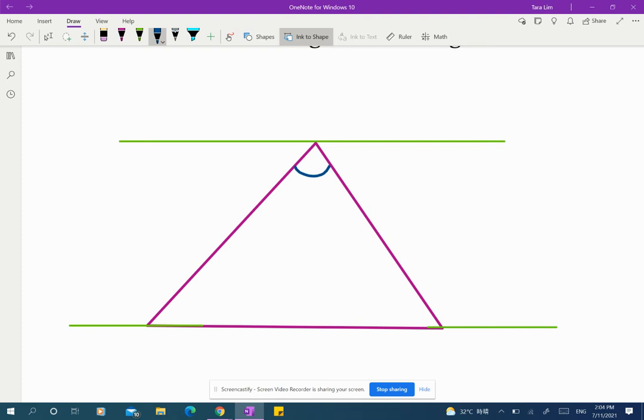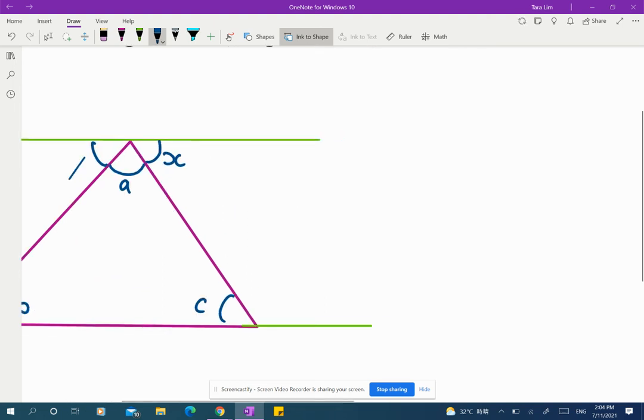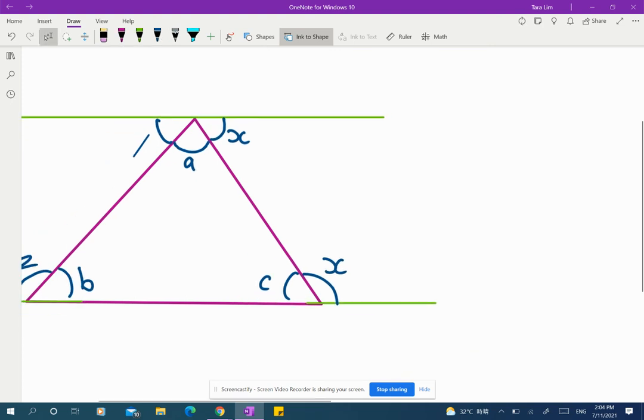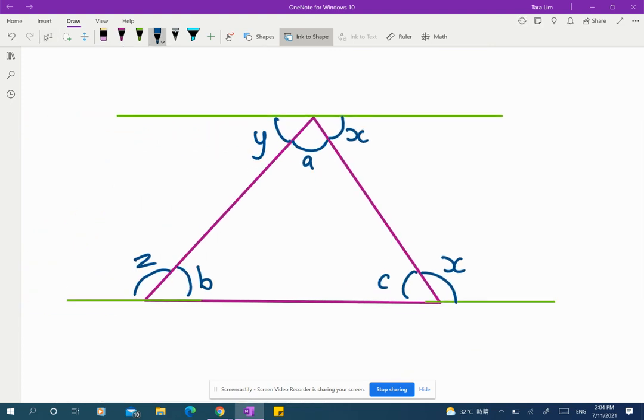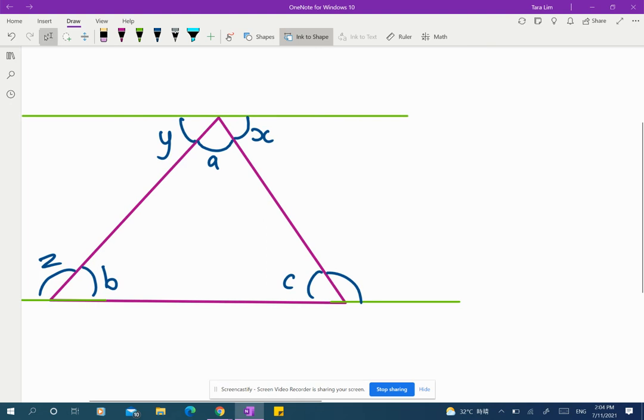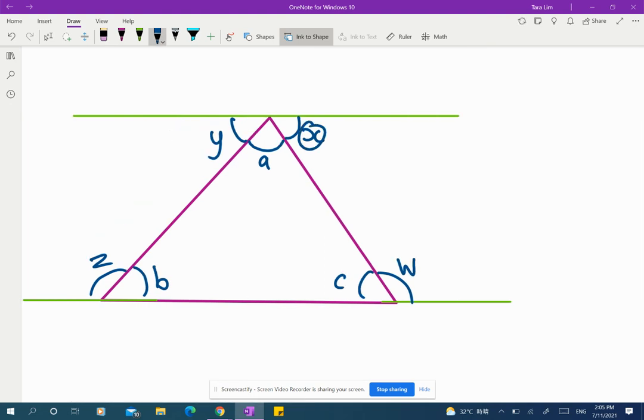So the angles inside the triangle, I call this A, and I'll call this B, and I'll call this C. And the other ones here, let's say this is X, this is Y, this is Z, and this is... sorry, this is Y. So I'm going to call this the outside. This is, let's say, W, okay? And then this is X and this is W.